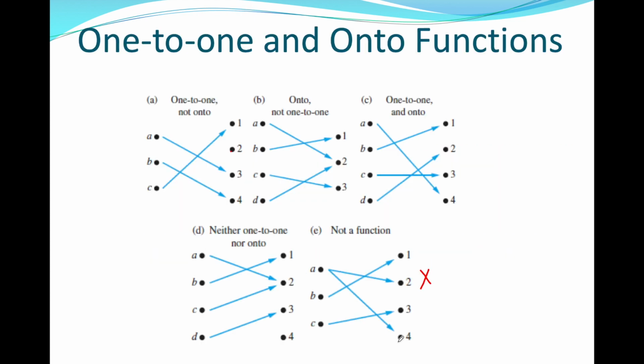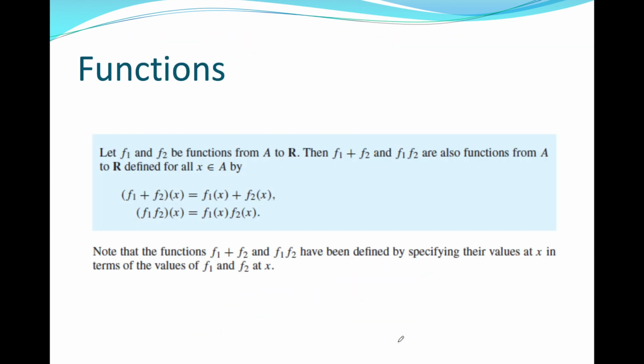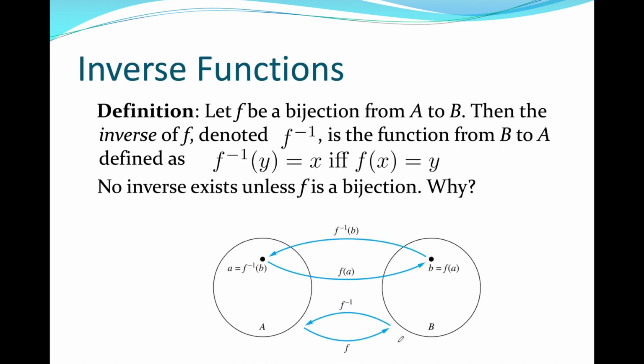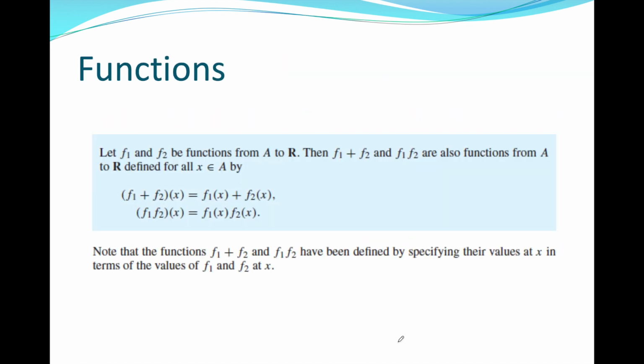For this operation, I think I can just proceed. So this is an operation: let f1 and f2 be functions from A to R, then f1 plus f2 and f1 f2 are also functions from A to R, defined for all x in A by these operations.